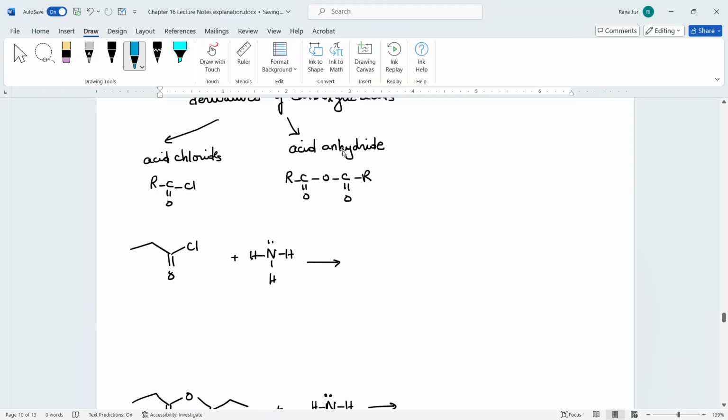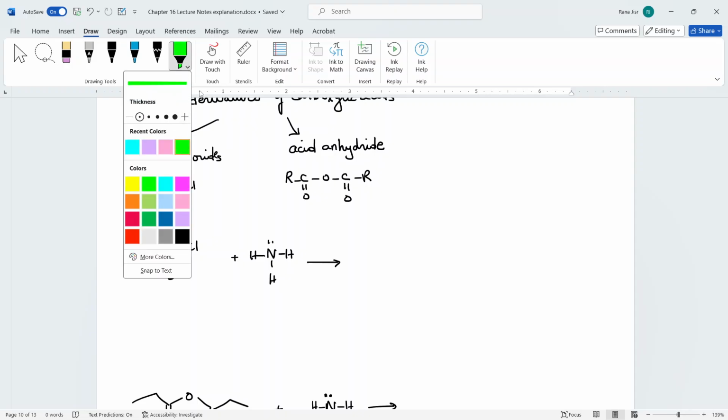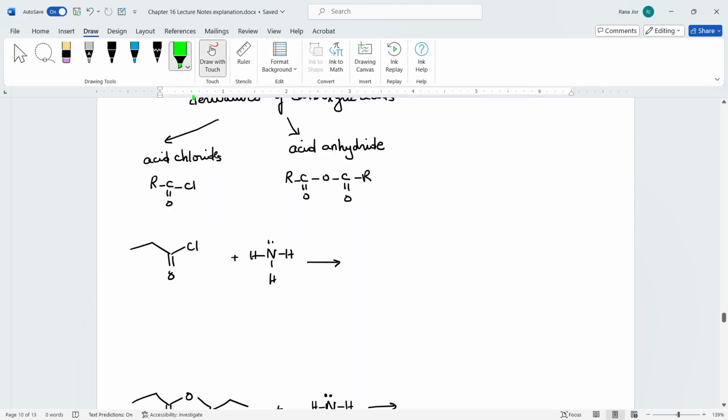Okay, so the derivative of the carboxylic acid is a must, and we're going to limit to either using acid chlorides or acid anhydrides. In these types of reactions, when acid chlorides react to form the amide, it loses a chlorine, okay?